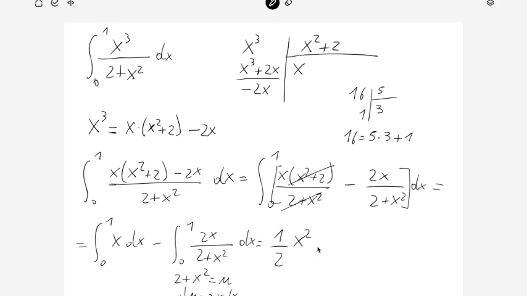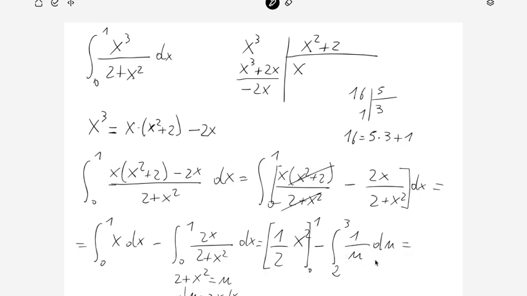And we have minus the integral, evaluated between 0 and 1: when x is equal to 0, u is equal to 2, when x is equal to 1, u is equal to 3, of 1 over u du.